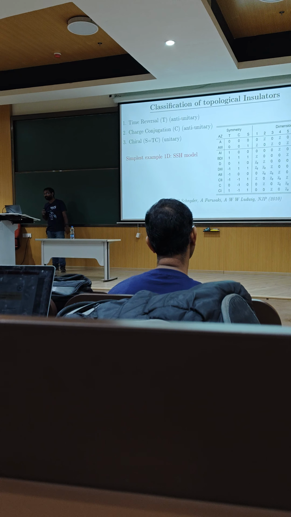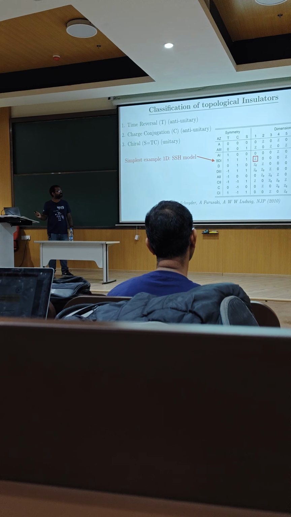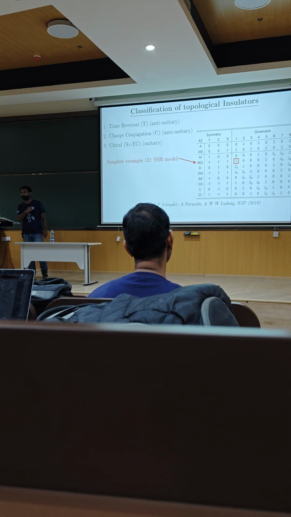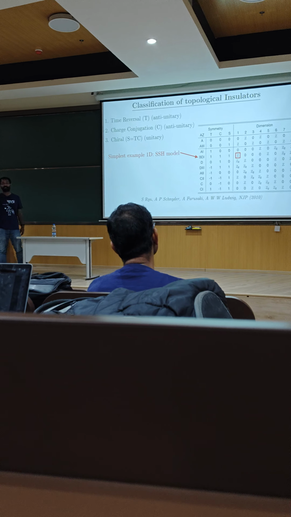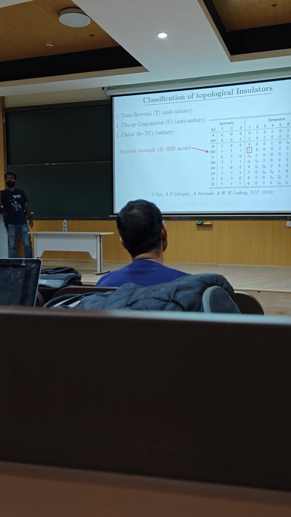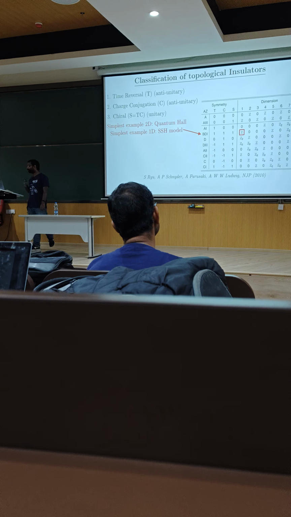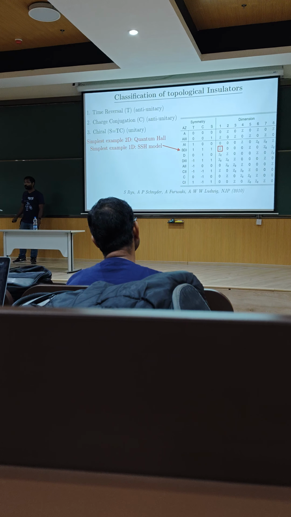Okay, and one of the simplest models that I told you about is SSH. Remember, this is 1D, and that's actually in the BDI class. It has time reversal, it has charge conjugation, and it has the chiral symmetry. The other one I showed you is called the quantum Hall effect.